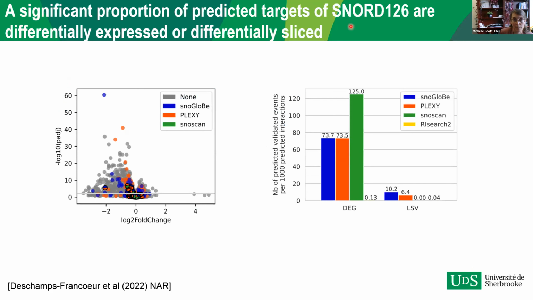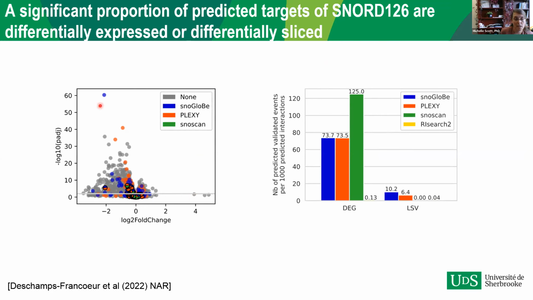In collaboration, as I said, with Sherif Abou Elela's group, we depleted SNORD126 and investigated whether the predicted targets of SNORD126 would be affected by the depletion. Here we're looking at changes in the abundance of messenger RNAs.